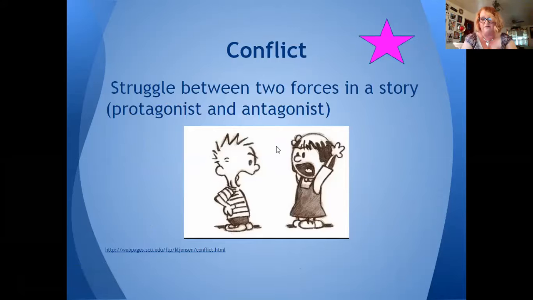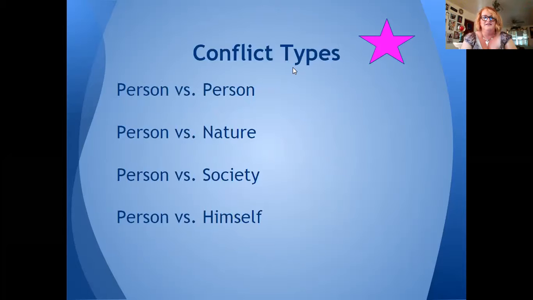There's usually always a conflict. I mean, there has to be, right? Why would we write a book if there's no conflict? It'd be boring, right? There's a struggle between two forces, usually the protagonist and the antagonist. There's different types of conflict, though. You can have person versus person, which is very common. You can have person versus nature. We're hopefully going to read a book later that talks about that, where it's one person against nature, trying to survive.